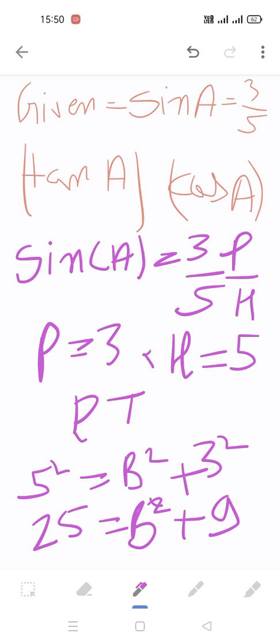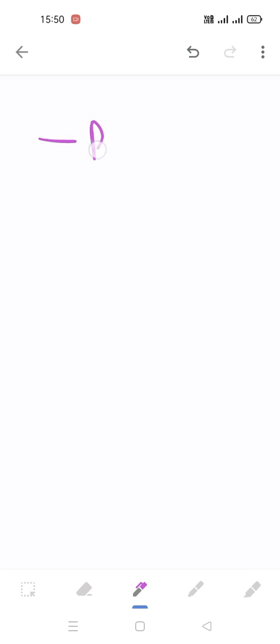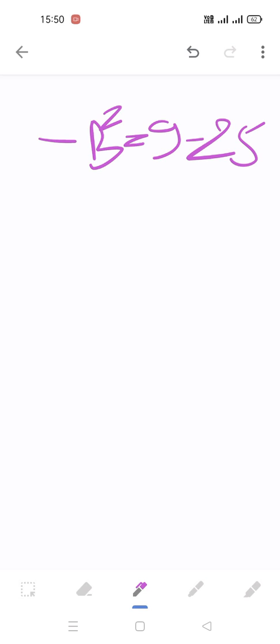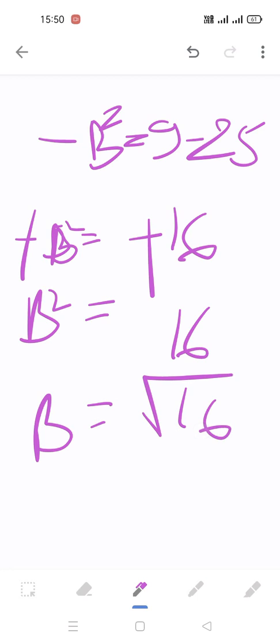Taking b square to the other side, minus b square equals 9 minus 25. So b square is equal to 25 minus 9, that is 16, and b is equal to under root 16, that is b equals 4.